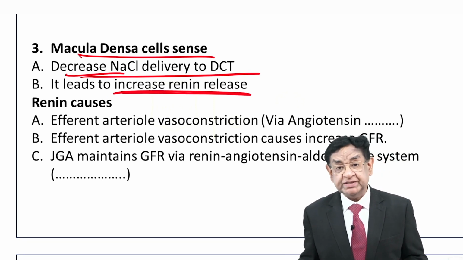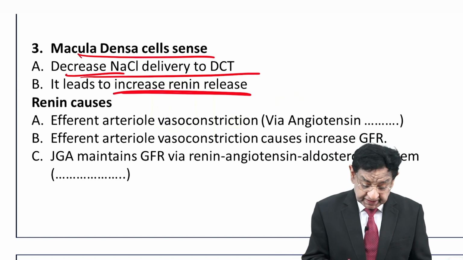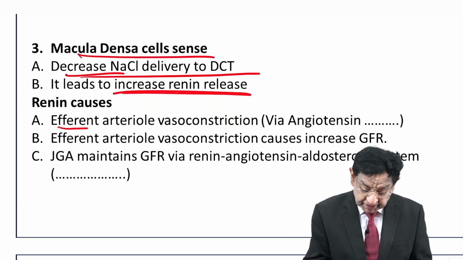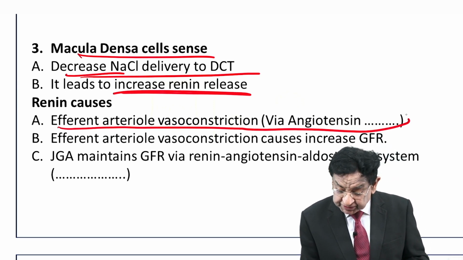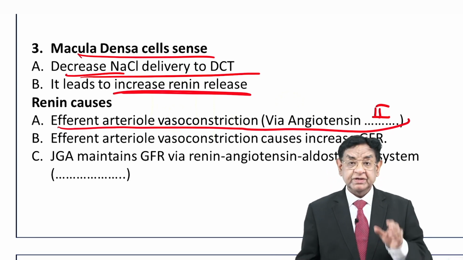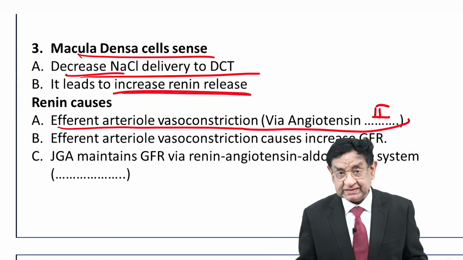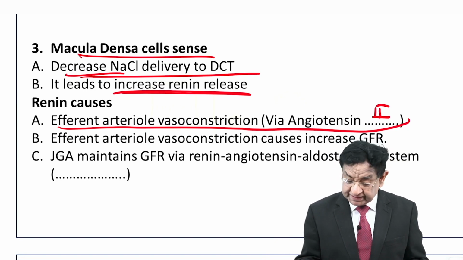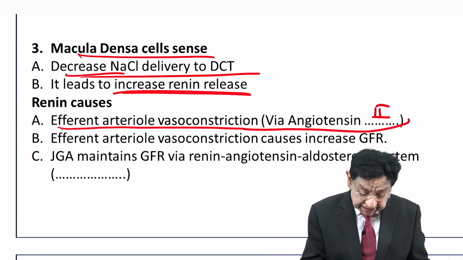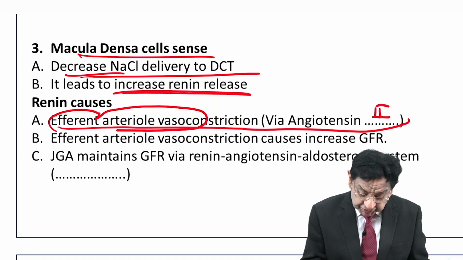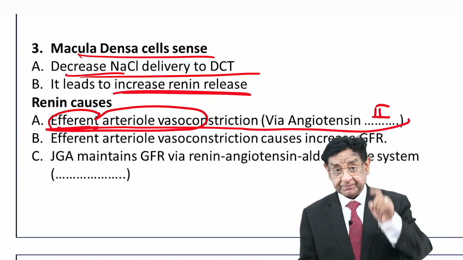Now, what is the function of the renin which has come? Renin causes efferent arteriole vasoconstriction. This is via angiotensin 2. What it is and how it is made, I am going to tell you in the next slide. But it is angiotensin 2 which causes efferent arteriole vasoconstriction. Noted, it is efferent.